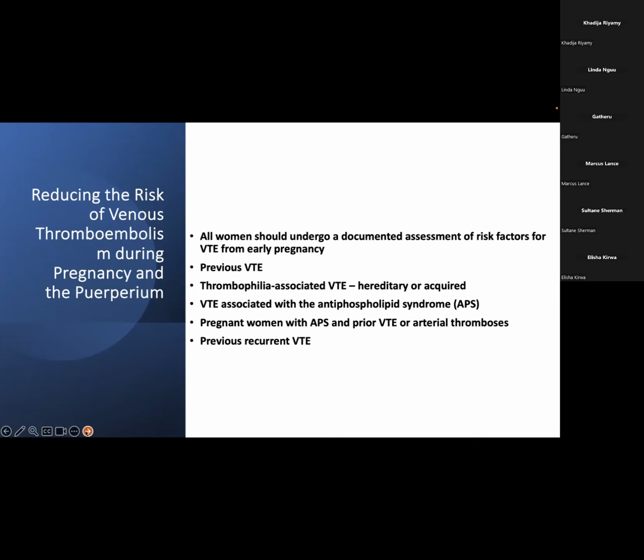So in a way, they are already protected by managing their condition. Pregnant women with antiphospholipid syndrome or prior VTE or arterial thrombosis should also get thromboprophylaxis. So you need to prevent recurrent VTE as much as possible.